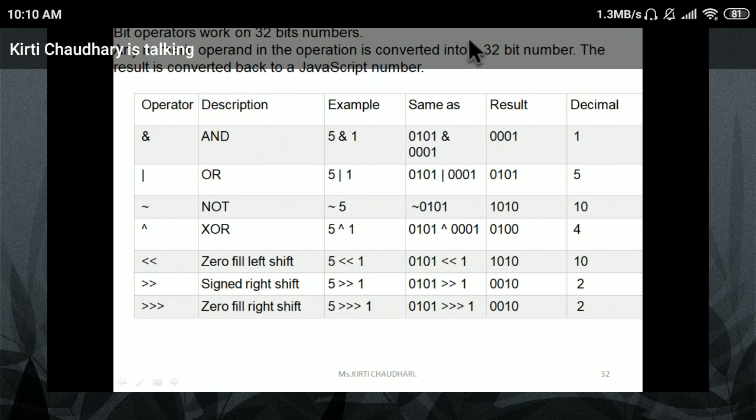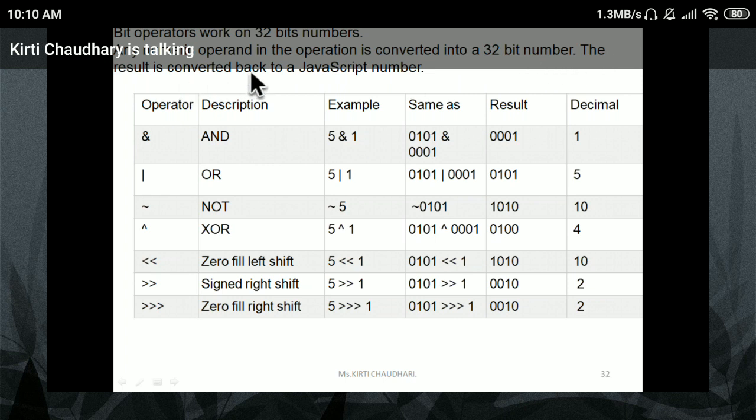Now, next one, bitwise operators. Bitwise operators work on 32-bit numbers. Any numeric operand in an operation is converted into a 32-bit number.